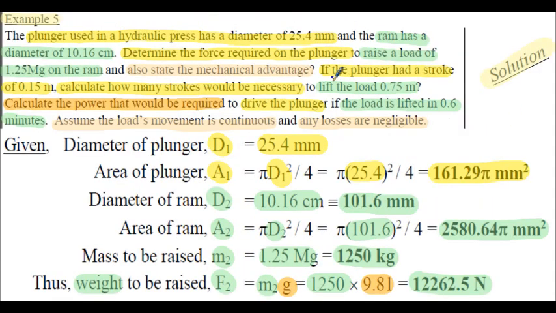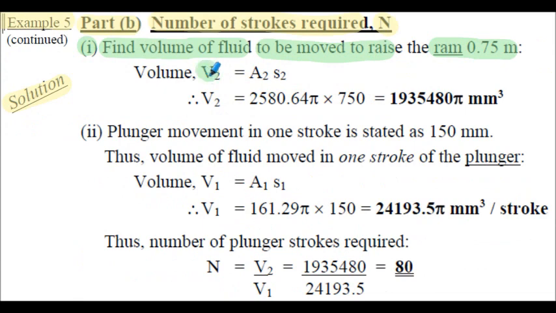That was stated in the question, i.e. to lift the load 0.75 meters. That's the ram. So the volume of fluid, I've labelled that V2 here, that has to be moved on the output side is the area at the output, A2, multiplied by the distance moved by the fluid at the output, S2.